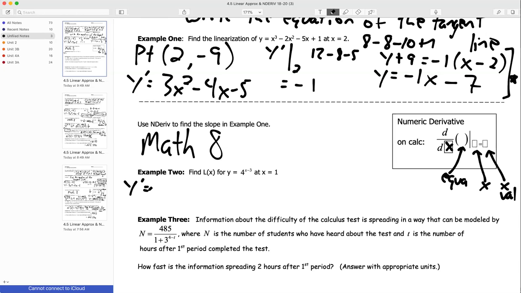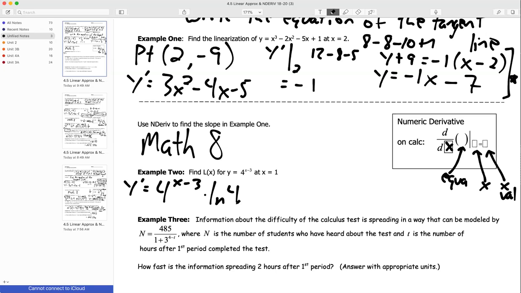Okay, so we bring this down. Now what? Times 1. It is the derivative of the exponent times what? The natural log of the base, which is 4.